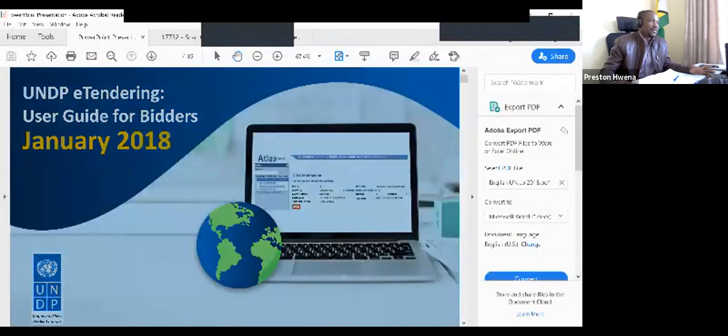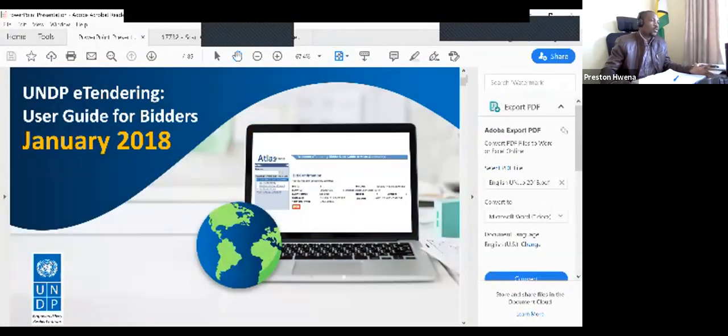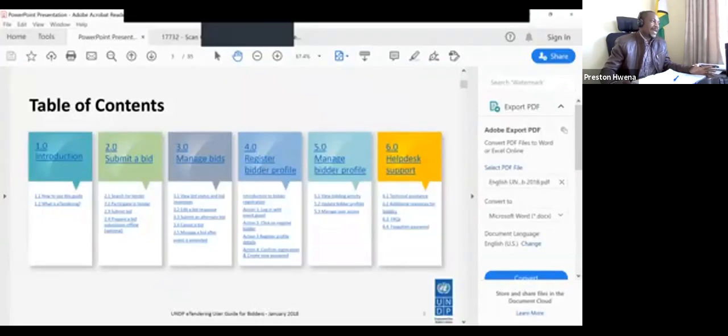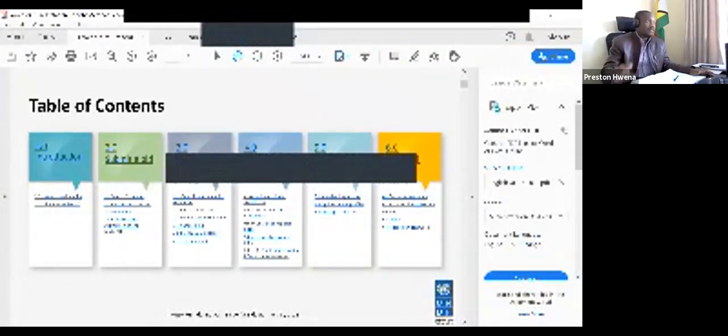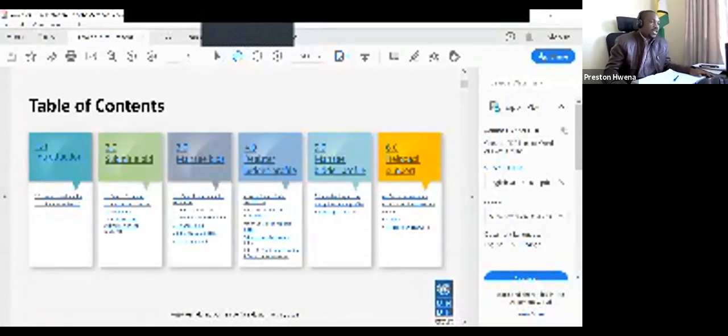But if you go through this document, it will show you step by step. This is the introduction, how to submit your bids, managing your bid, register bidder profile, manage bidder profile, and all the other related support. It's a voluminous document, 85 pages, but I would encourage you to go through it.